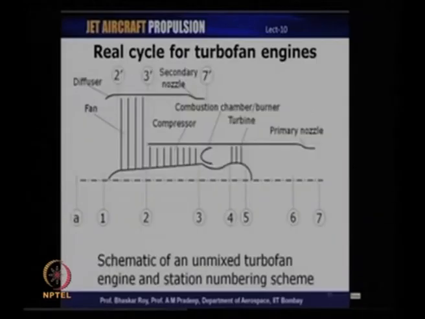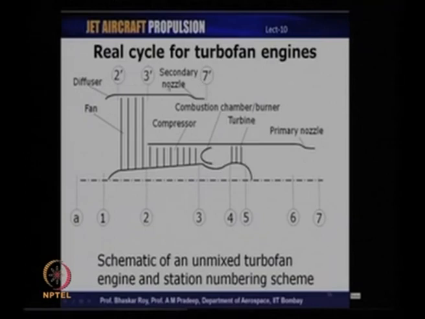Now, here is a schematic of an unmixed turbofan engine, which is what we will be discussing now. The various components are shown here. The core engine, which is shown between stations 2 and 7, is exactly the same as what we had seen for a turbojet engine. The differences are the presence of a fan and a secondary nozzle.